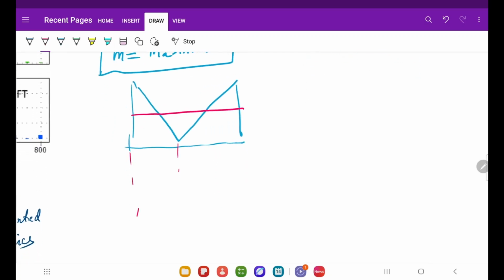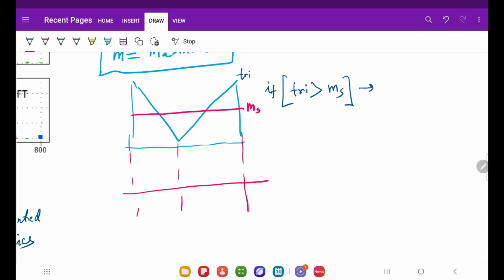Below it, if you draw, let's say this is my triangular signal TRI, and this is my modulation signal MS. So if TRI is greater than MS, then S1 equal to 1, otherwise S1 equal to 0, right?